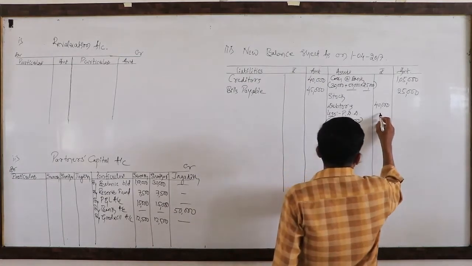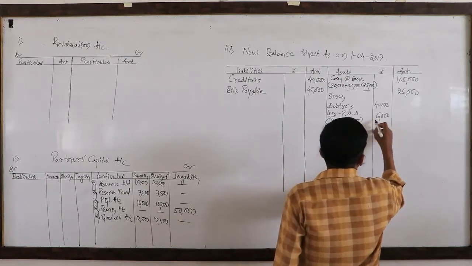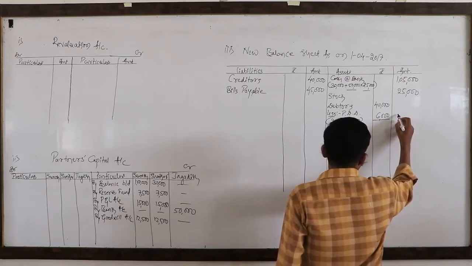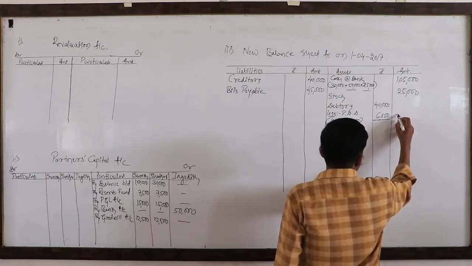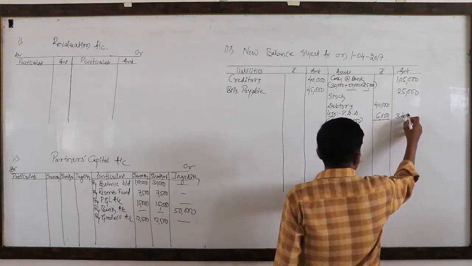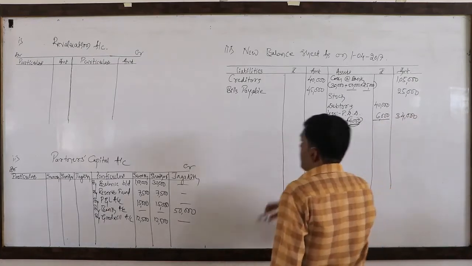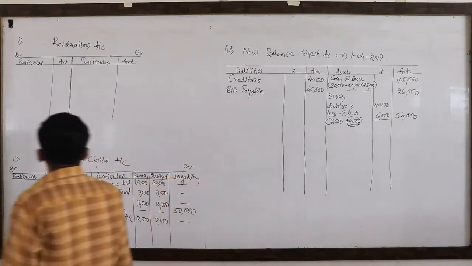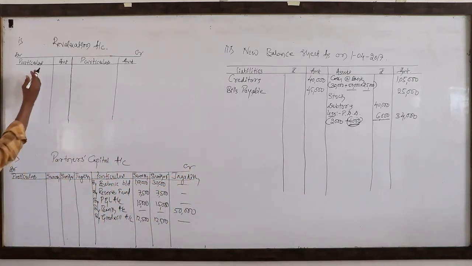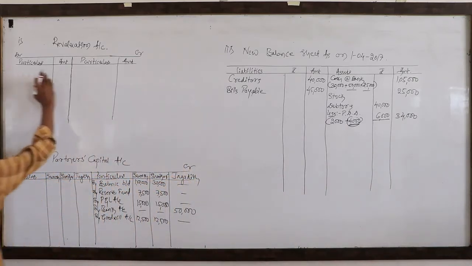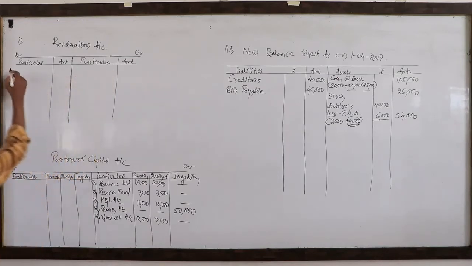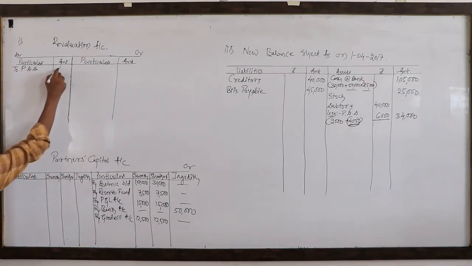Total PDD is 6,000. The net debtors are 34,000. So a new item here, it is 4,000. That is a loss to the firm. We need to write loss on the debit side and income on the credit side. To PDD, how much? 4,000.